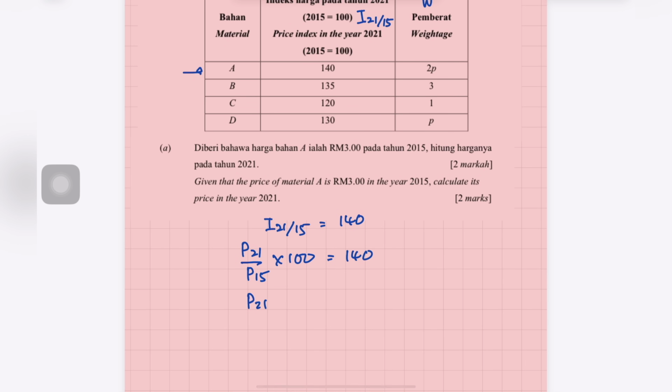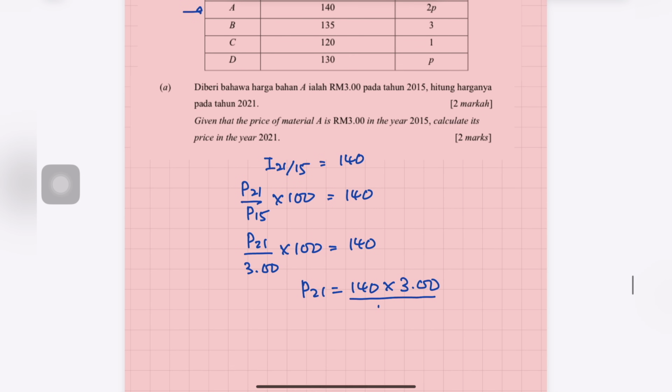So P21 over price 2015 is 3 ringgit times 100 equals 140. So then price 21 equals 140 times 3 ringgit divided by 100. Okay, so this one equals 4 ringgit 20. So mesti 2 decimal places.